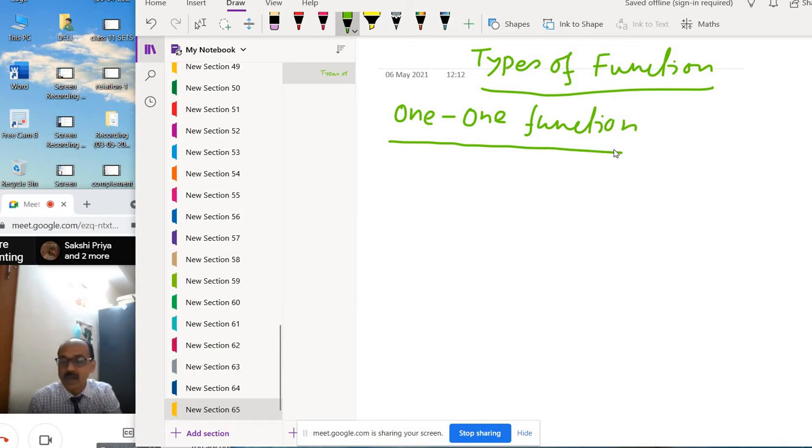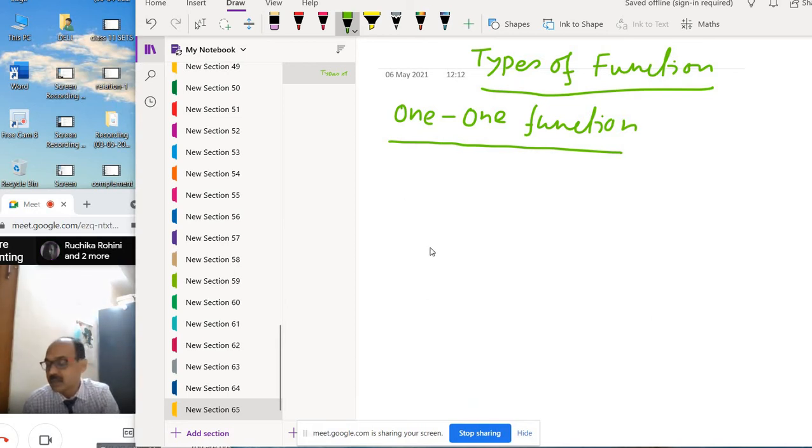That means images of distinct elements of X, the first set elements, are the pre-image, and the image is the second set element, that is Y. If the first set is X, the second set is Y. So images of distinct elements of X are distinct. So for every x1, x2 belonging to X, if you take two elements, then f(x1) is not equal to f(x2).